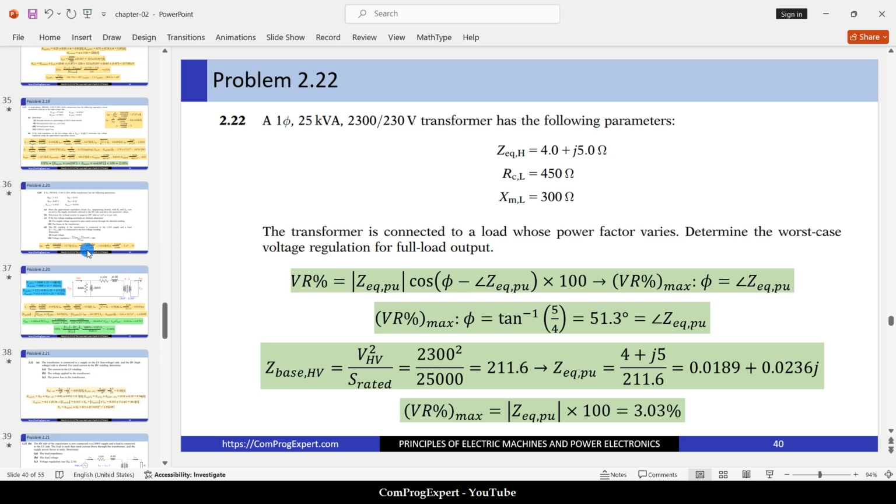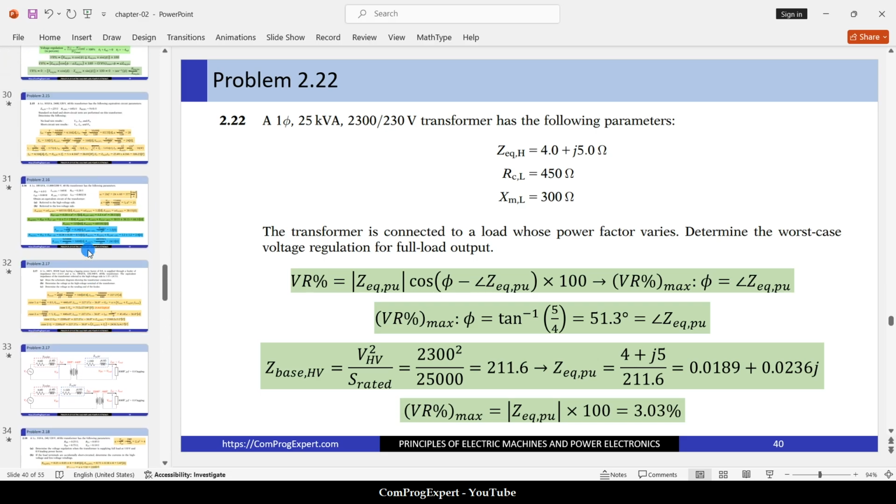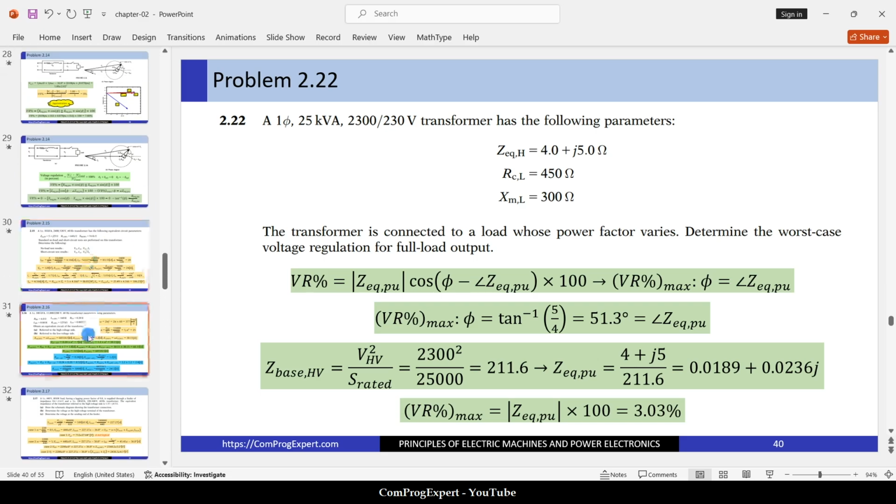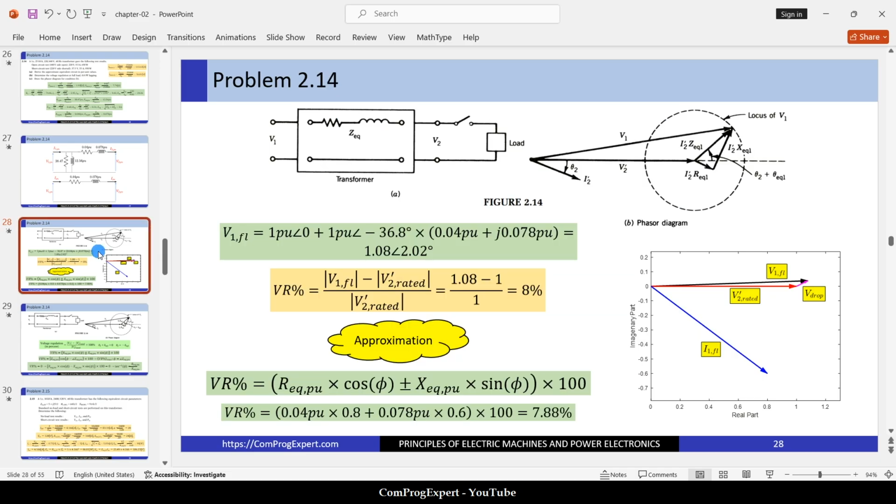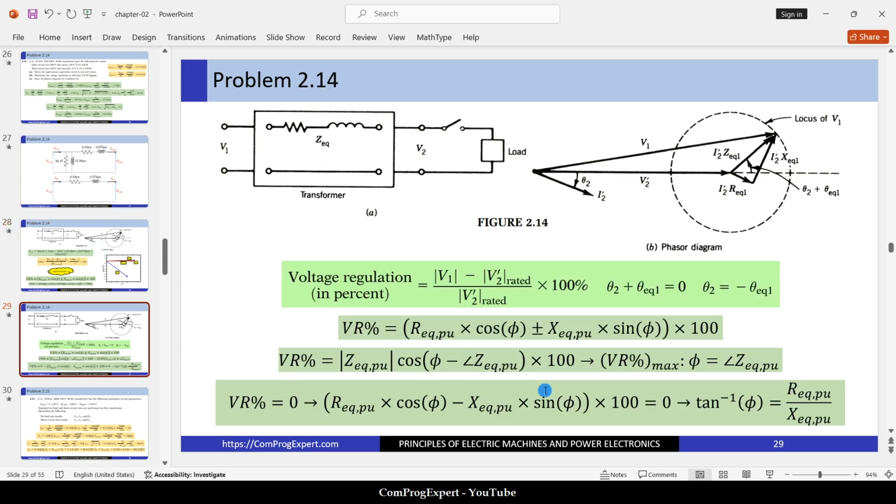You know, we discussed this here in this problem. When we have maximum voltage regulation, using this equation, the maximum voltage regulation occurs for an inductive load when the angle of the load impedance is equal to the angle of the Z equivalent, right?